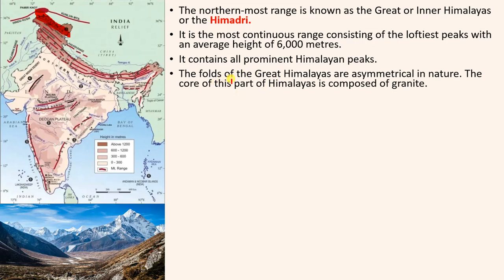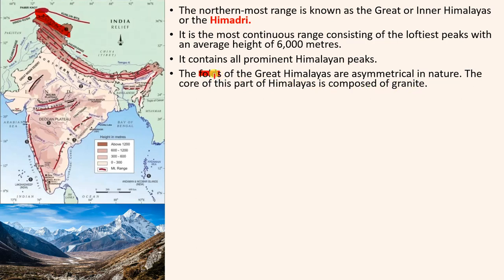The folds of Great Himalayas are asymmetrical in nature. Asymmetrical means that are not equally of different altitude or different shape and size. They are highly asymmetrical. The core of this part of Himalaya is composed of granite.